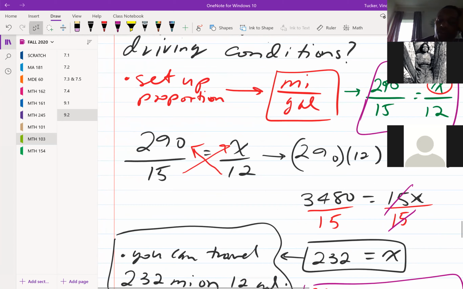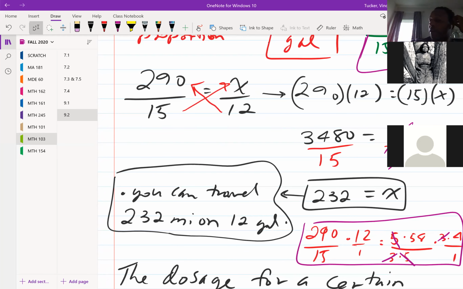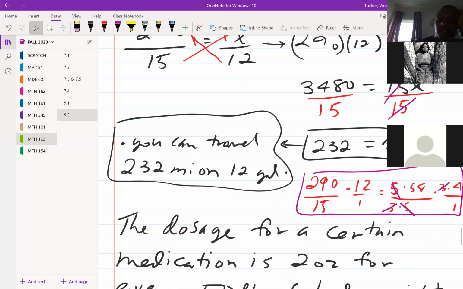Just note if you get a run-on decimal and you have to round it off, you're going to get close to the answer, but you might not get the exact answer. And so that's where that may come into play. Hope that helped as far as what your question was. But you didn't have to round off, because if you did it this way, everything would have worked out and just given you the 232.